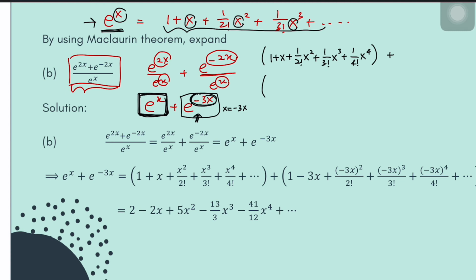So what you will have here is 1 plus negative 3x plus 1 over 2 factorial times negative 3x squared plus 1 over 3 factorial negative 3x cubed plus 1 over 4 factorial negative 3x to the 4 plus dot dot dot. So this one is for the second function.